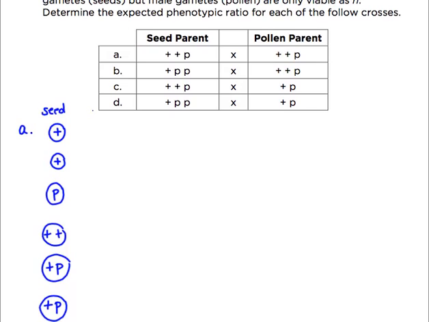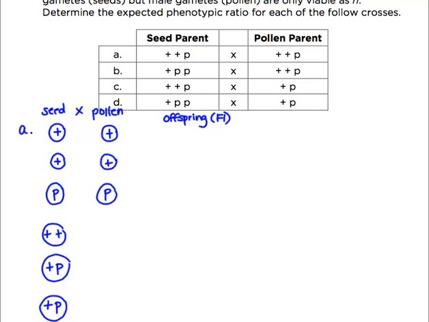Now you're crossing it with a pollen parent, and remember that pollen is only viable as N. So the pollen gametes can either be plus, or P. And now for the cross, let's look at the offspring, the F1 generation. And we're just going to cross each gamete.